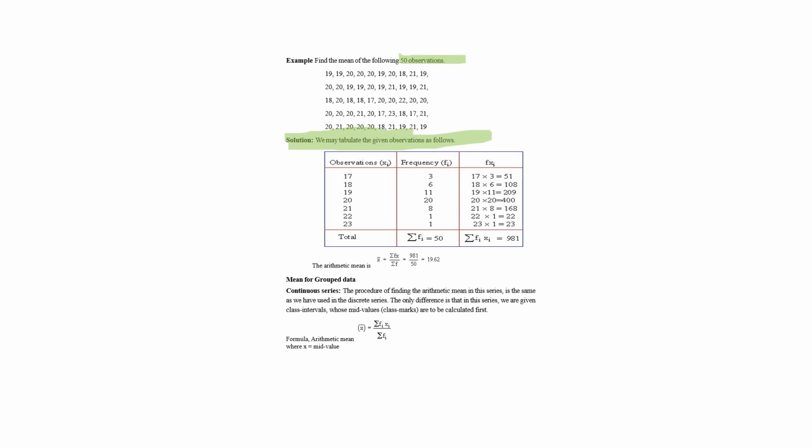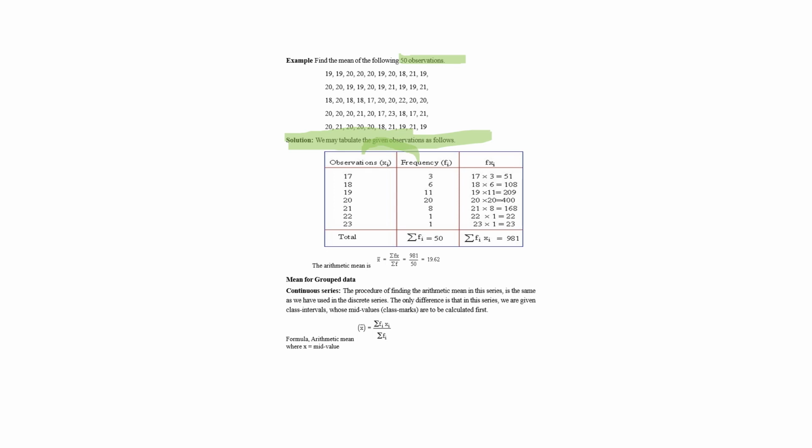We need to write down the observations 17, 18, 19, 20, 21, 22, 23, and how many times each is repeated, the frequency: 3, 6, 11, 12, 28, 11, 1. So the summation of frequency is 50. Then fxi, you have to multiply the observation with the frequency, we'll get fxi equal to 981. So arithmetic mean is summation of fx divided by summation of f, equal to 981 divided by 50.